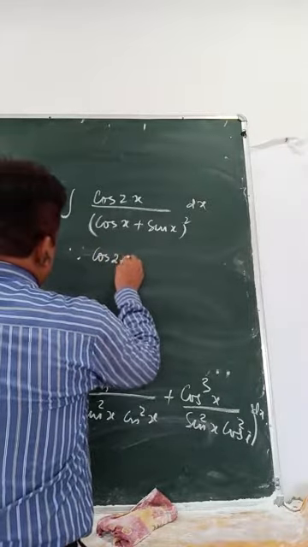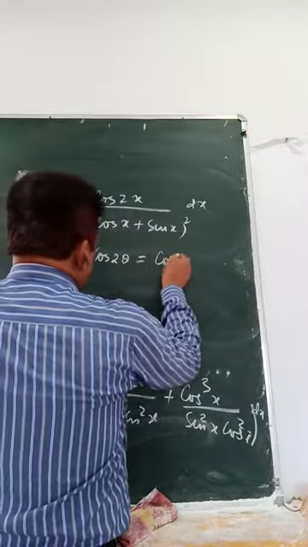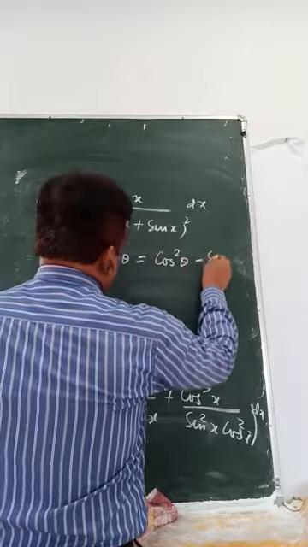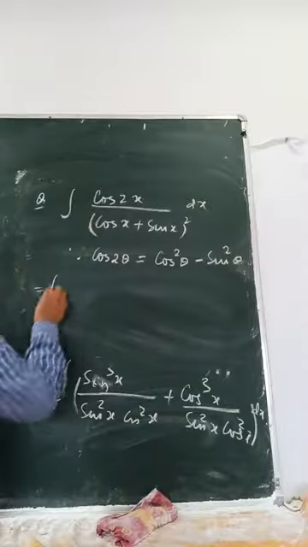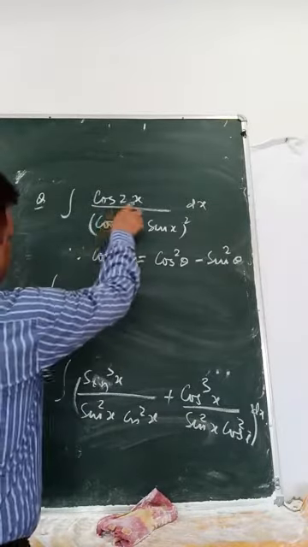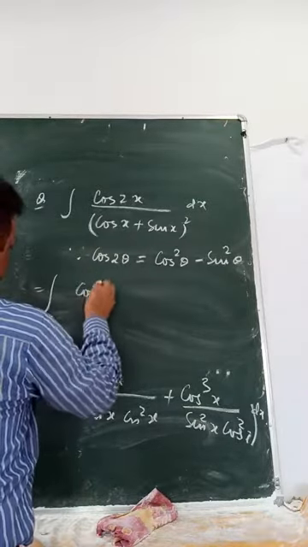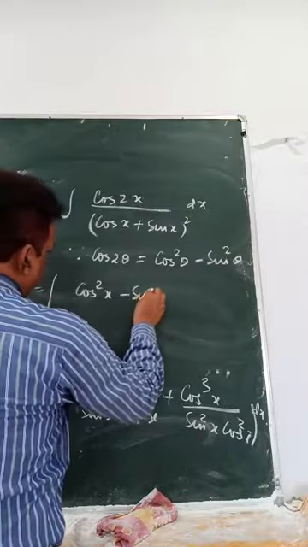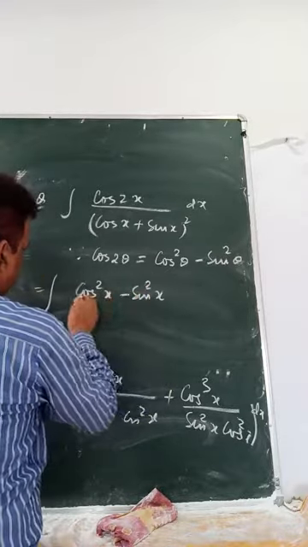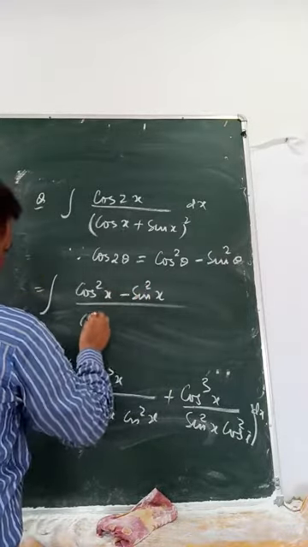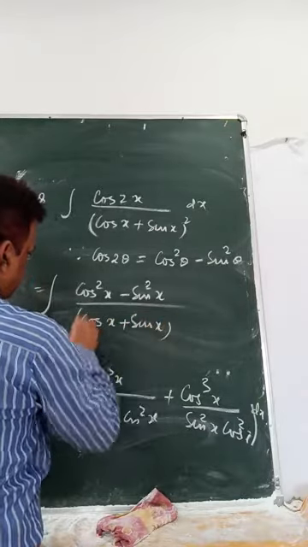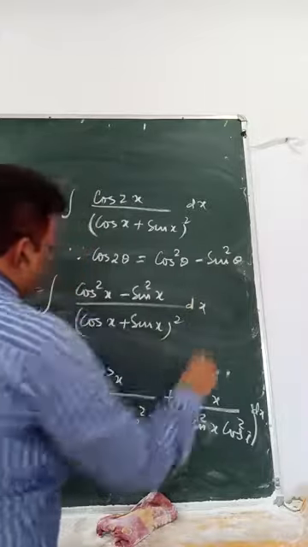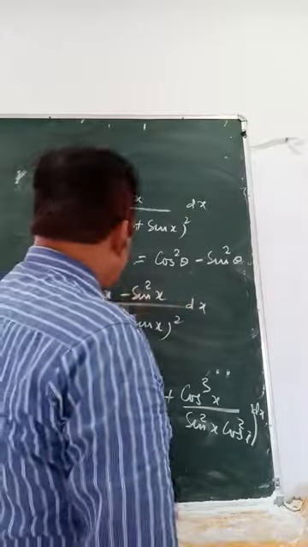Cos 2 theta is cos square theta minus sin square theta. So it is cos square x minus sin square x, divided by (cos x plus sin x) whole square. Simple, not difficult now, because I have used the formula here.